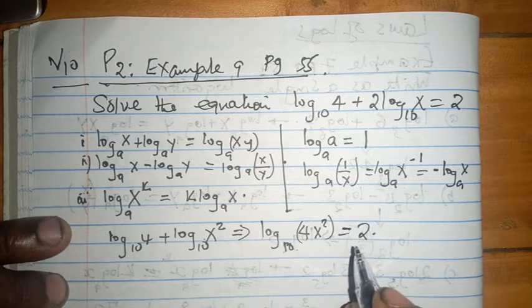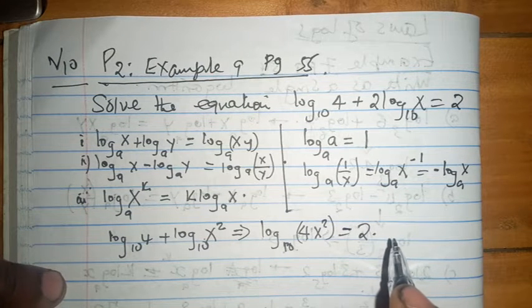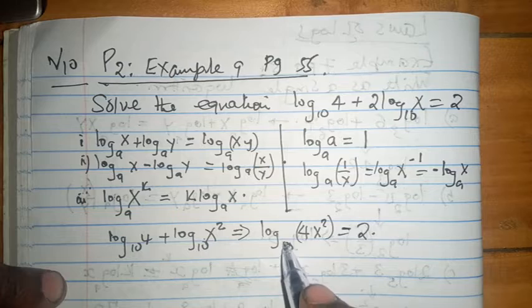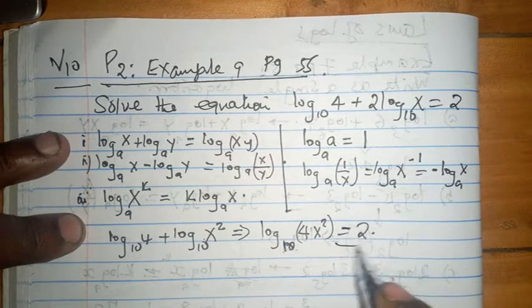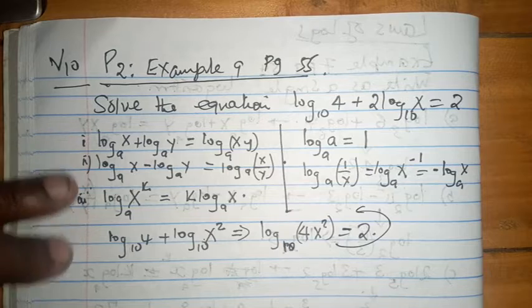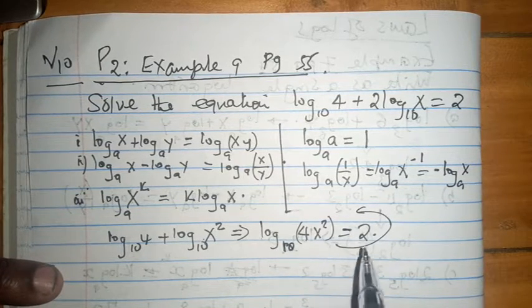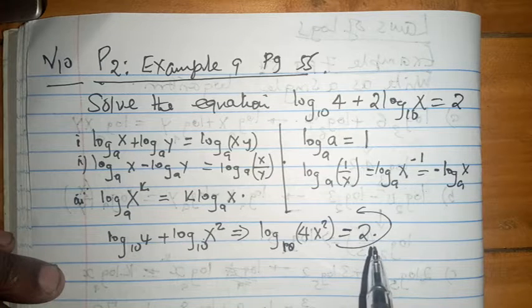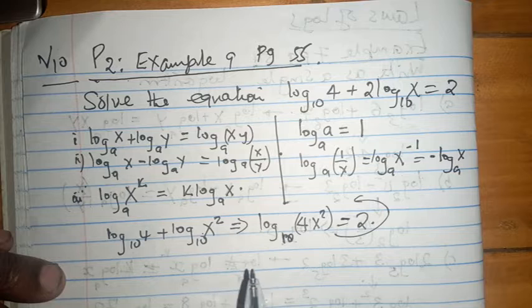And this one is already in logarithmic notation. We can write it in the index notation. And I hope you remember the anti-clockwise movement I showed in a different video. So if you want to write logarithmic notation into index notation, you undertake anti-clockwise movement.